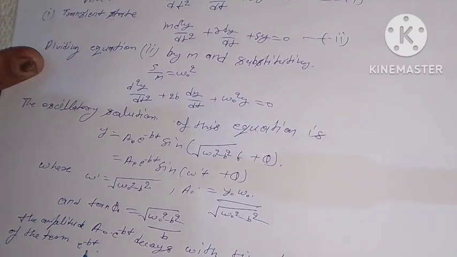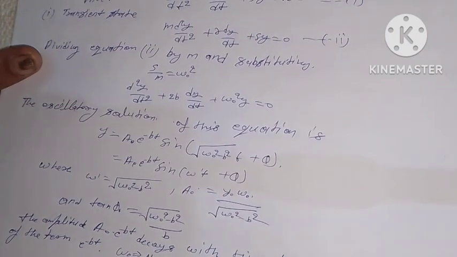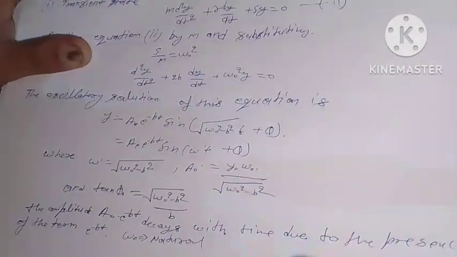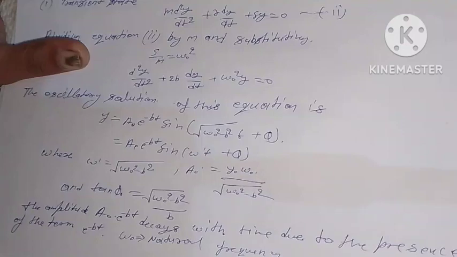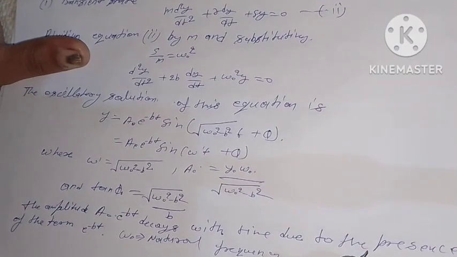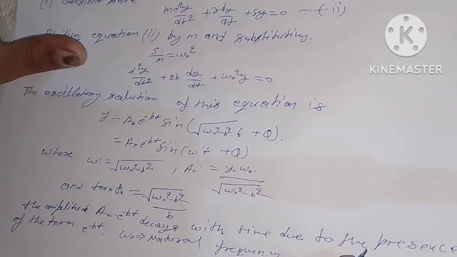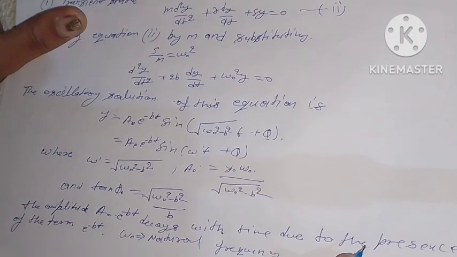The quantity omega naught is known as the natural frequency of the oscillation in the absence of dissipative as well as driving force.